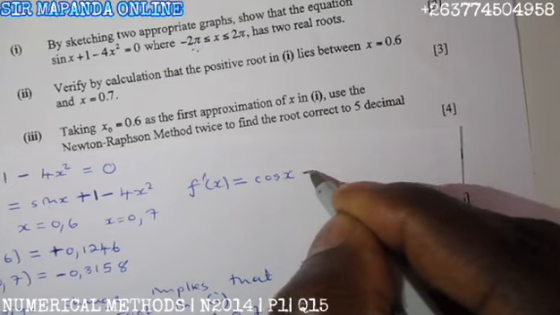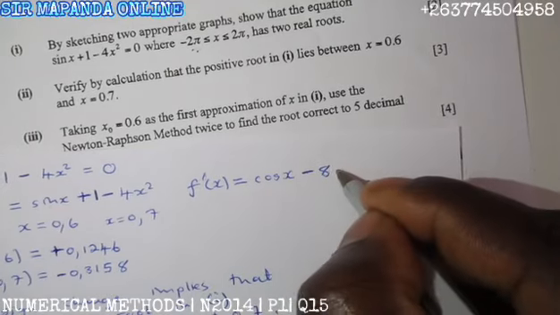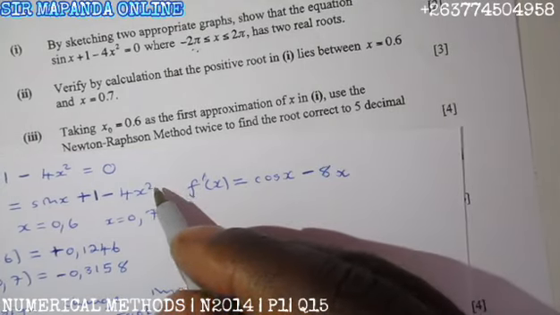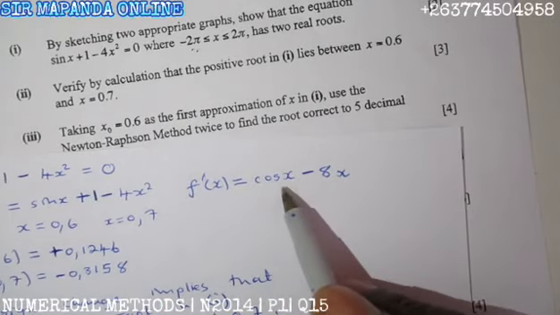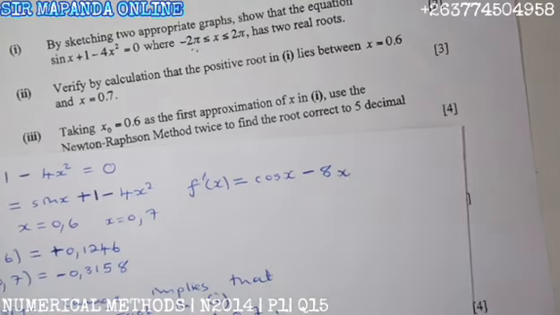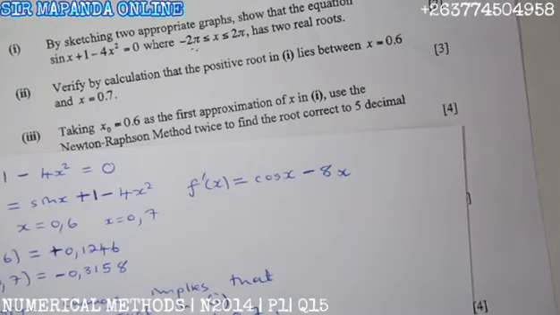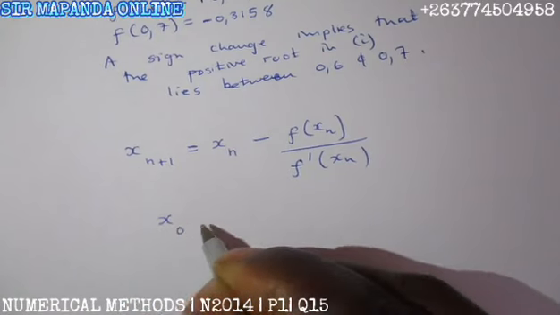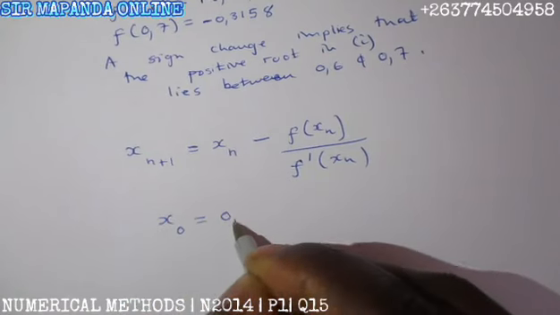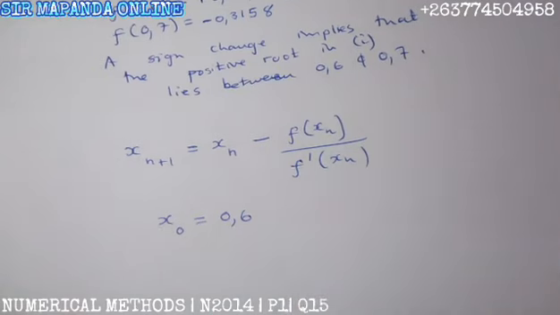So 2 times minus 4, you get minus 8. Then you reduce this 2 by 1, you'll be left with x. So derivative is cos x minus 8x.